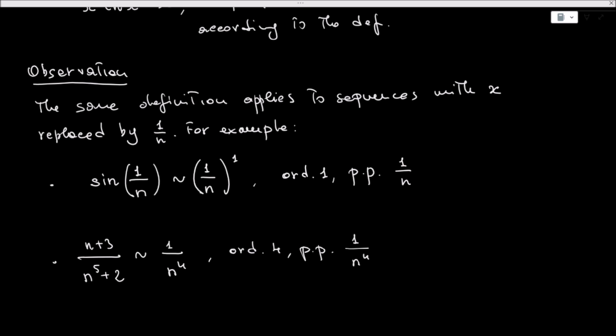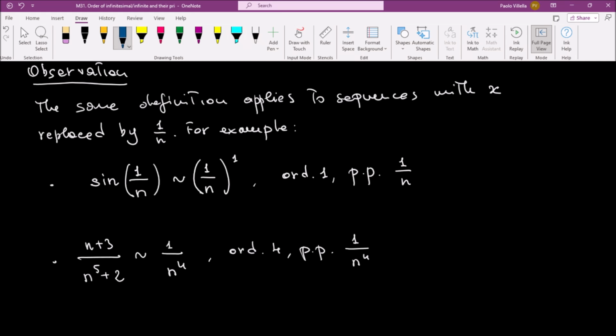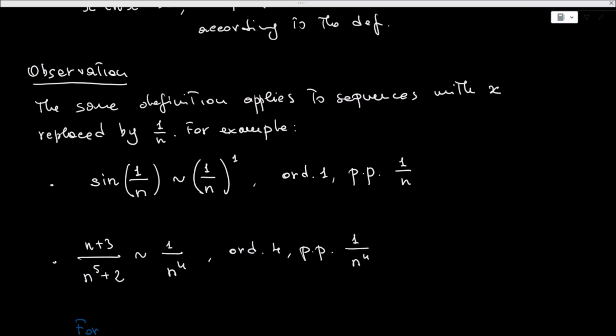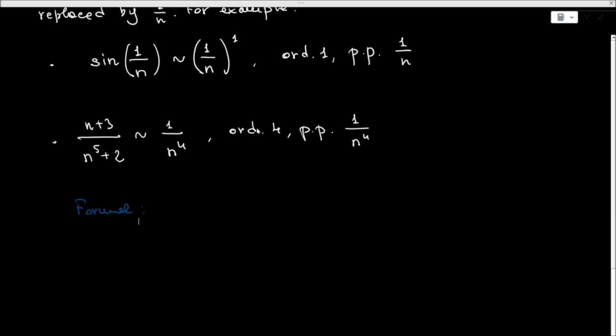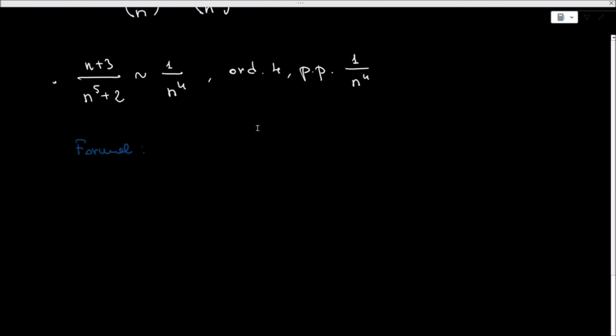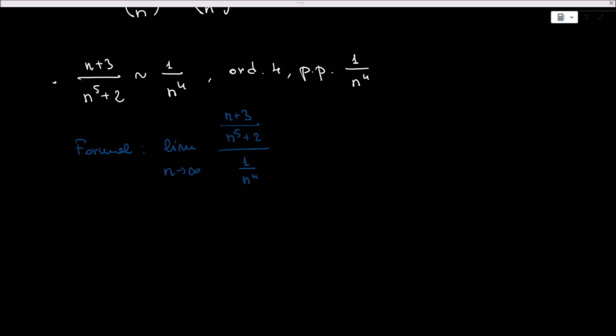Now what would be the formal proof of this? We can also provide the formal proof, and it is the following. We need to determine the limit as n goes to infinity of n plus 3 divided by n to the fifth plus 2, all divided by 1 over n to the fourth.